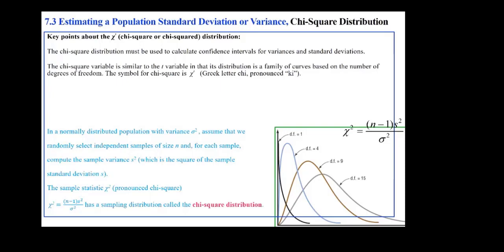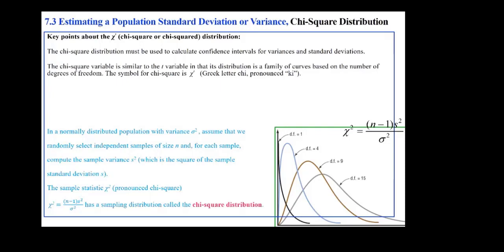In a normally distributed population with variance sigma squared, assume that we randomly select independent samples of size n, and for each sample, compute the sample variance s squared, which is the square of the sample standard deviation s.